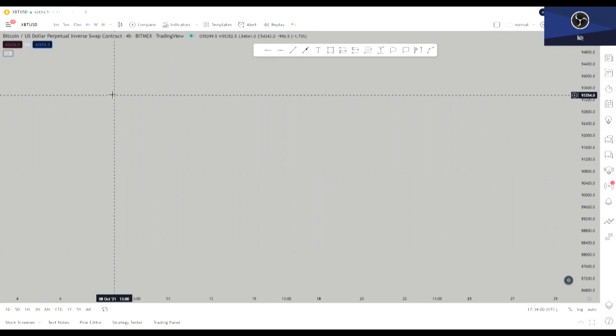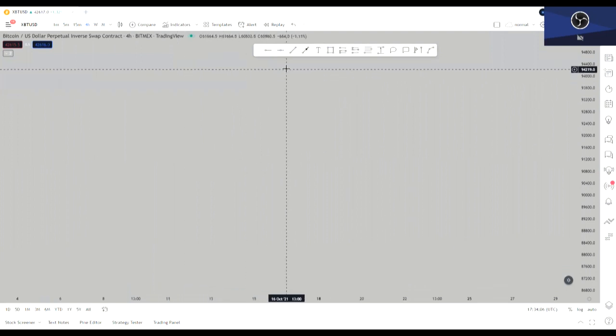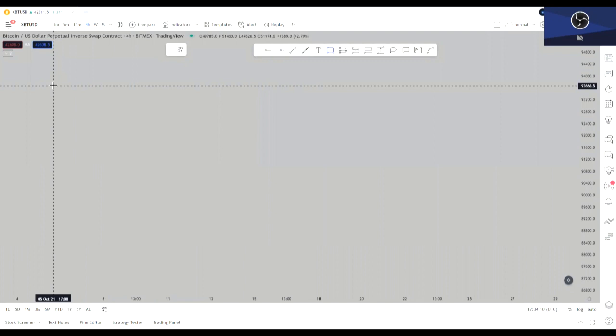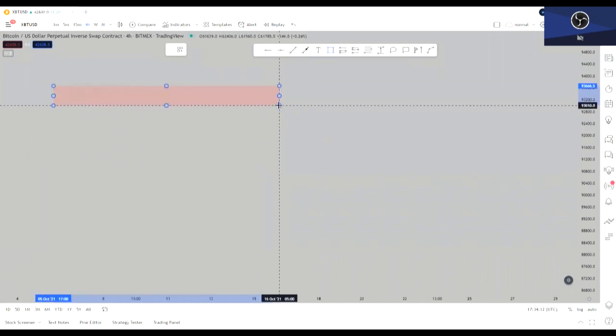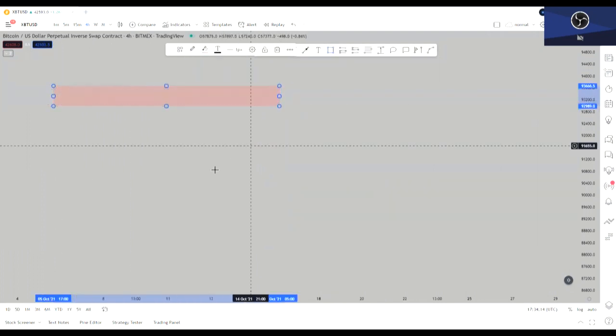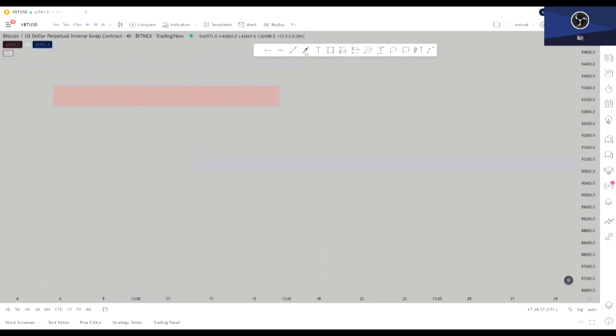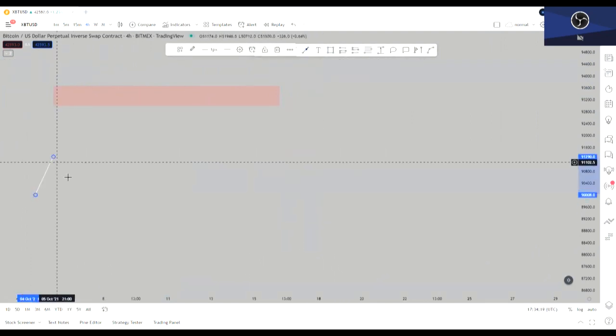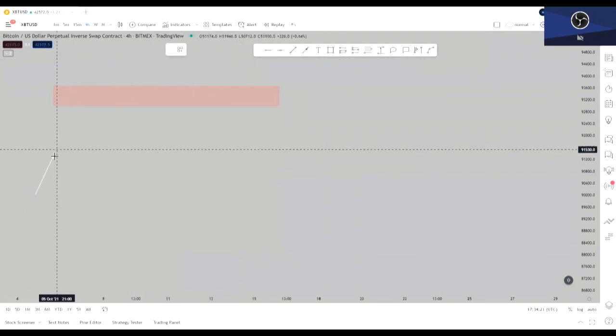If we start, we have to know what supply and demand zones are. So let's make an example here with one supply zone. Previously the market has been trading up into that level, forming higher highs and higher lows.